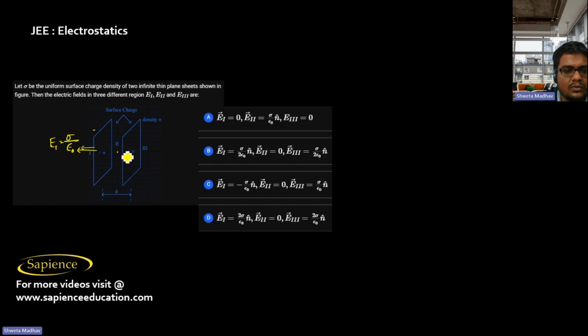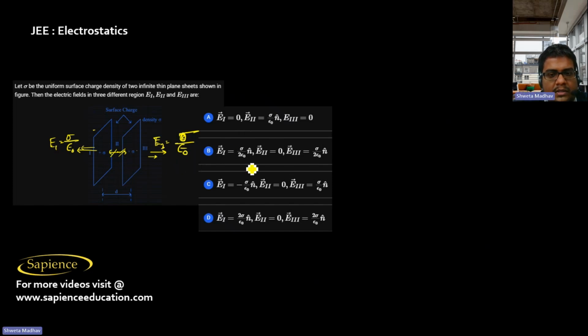And in region 2, here there is repulsion, here there is repulsion, so they will cancel. And in region 3, E3 is equal to sigma by epsilon naught, since this plate also has repulsion, and this plate also has repulsion.